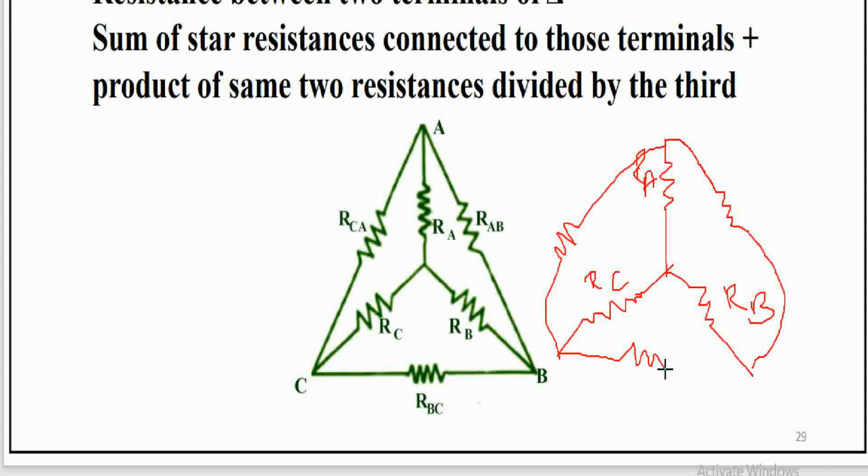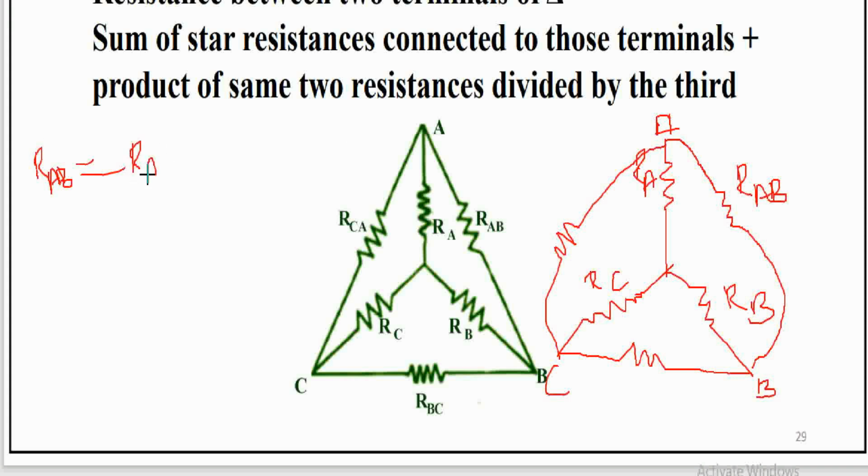This is a delta, and this is a delta. So this is how we got this line, by connecting this A and B. Let us consider this is A, this is B and this is C. By connecting RA and RB, you got this branch. So let us write this is RAB. So what will be the RAB? By connecting these two branches, you got this RAB.